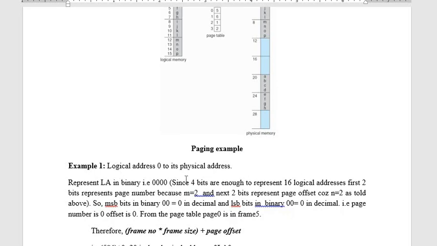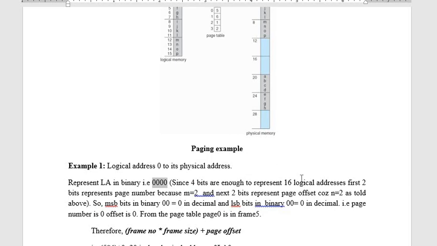In order to translate 0 to the physical address, first of all, you need to represent the logical address in binary form. We already know how many bits are enough to represent the logical address, since we had generated 16 logical addresses. To represent 16 in binary, 4 bits are enough. So represent 0 in 4 bits of binary. And we also got to know what m and n must be.